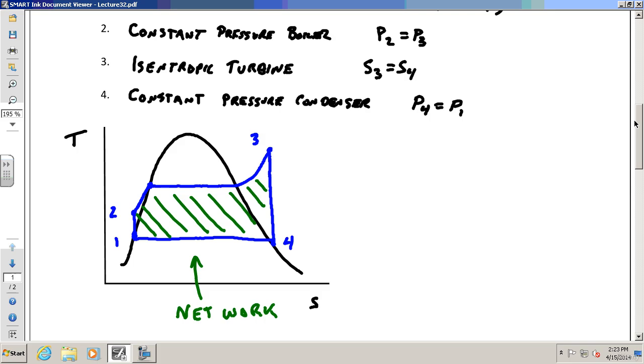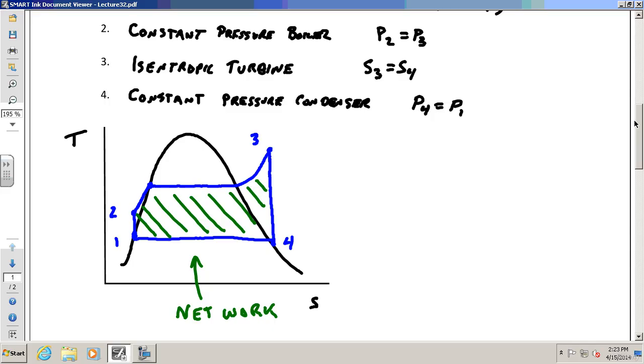How can I make it bigger by raising the top? Well, that means running it at a higher pressure, which I'll talk about in a moment. Also, the vertical line from 3 to 4, if I want this region to be bigger, maybe I can move it to the right more. There are some things I can do there as well.